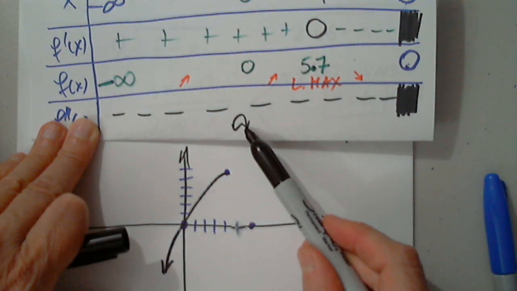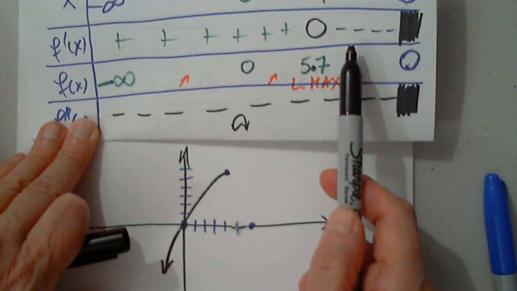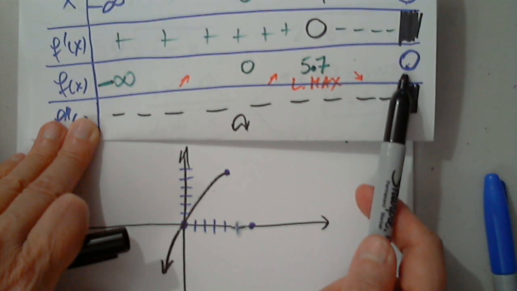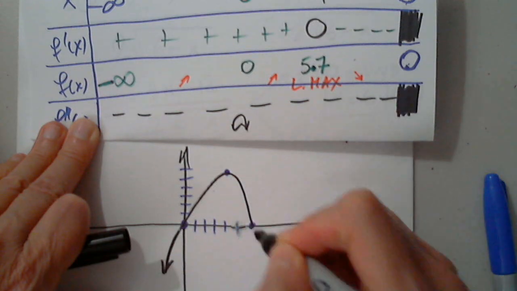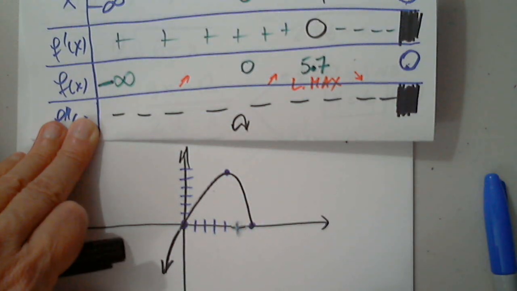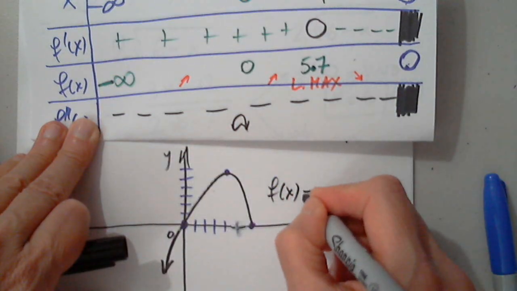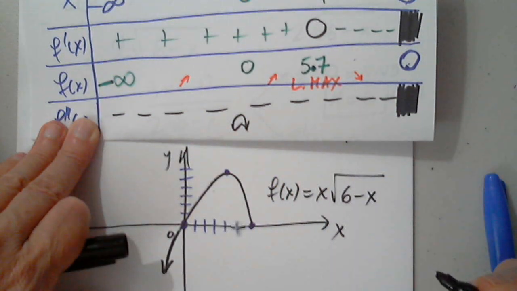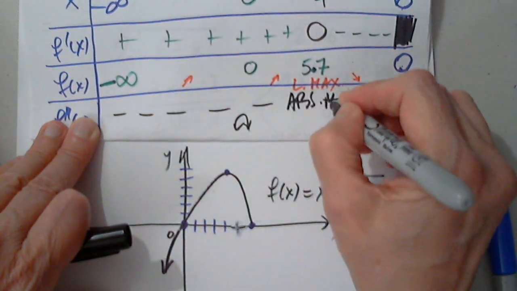And then it still continues to open down, but now it's decreasing to the x-intercept 6, 0. That's the graph of f of x, x the square root of 6 minus x, and now I can write local and absolute max.